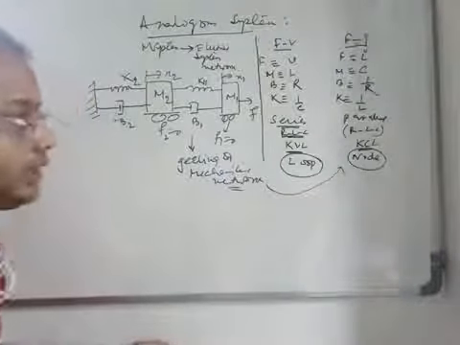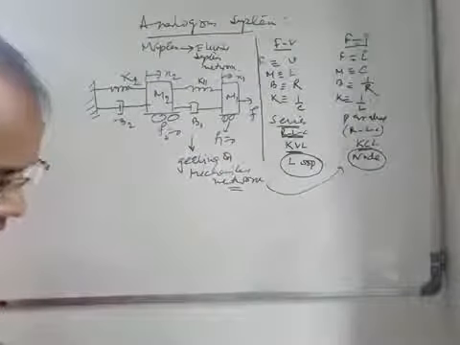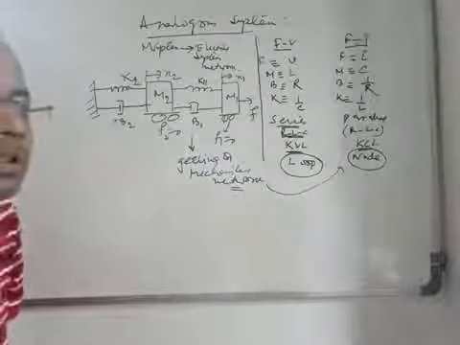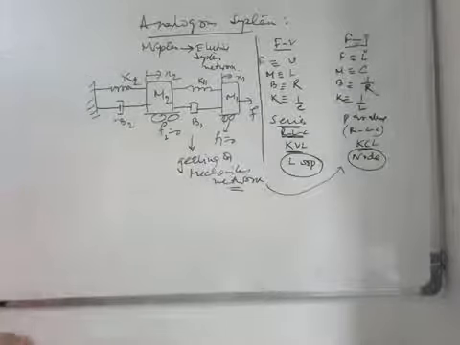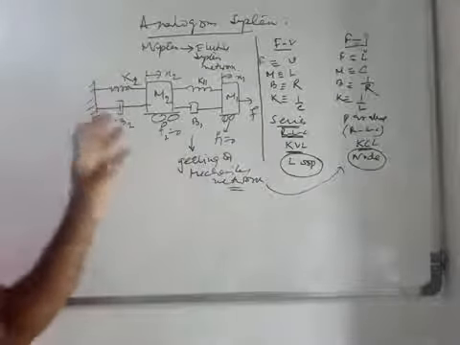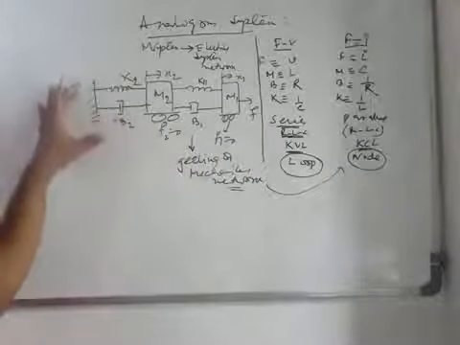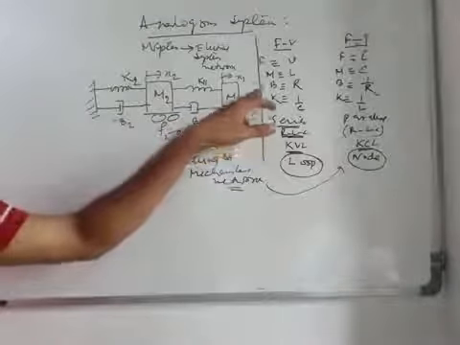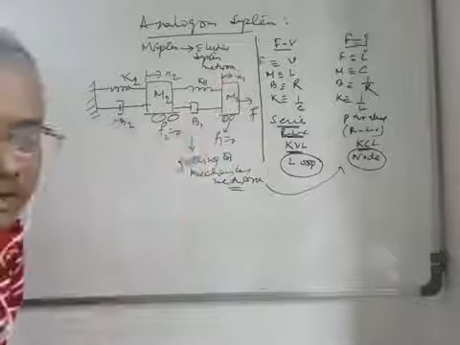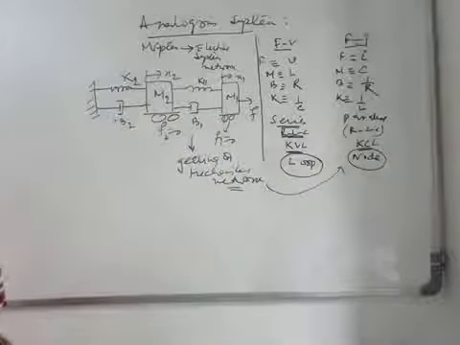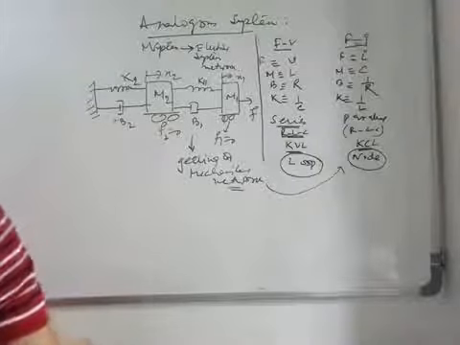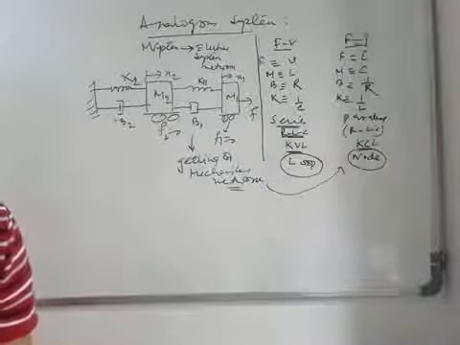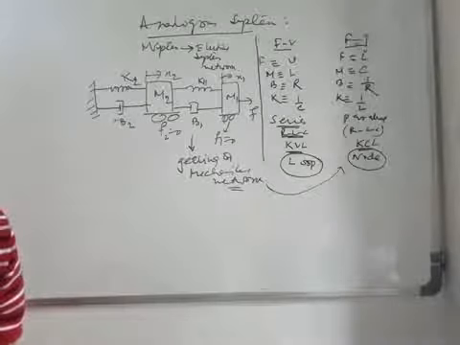How can you get it? For getting this force current analogy, first of all we will get the mechanical network. Mechanical network means this is the rigid surface, and this m1 is connected to some external force F. That means one terminal is free and has associated with it the motional variable v1.